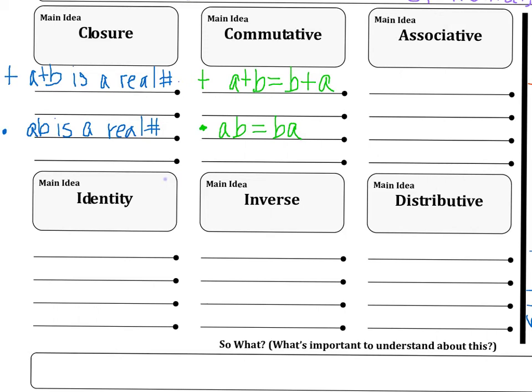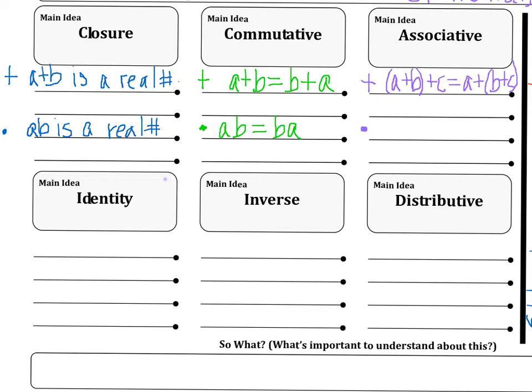The associative property of addition, if I think of associative, I think of associate, things associate or group together. So (a plus b) plus c equals a plus (b plus c). So our grouping symbols change here. First we have a plus b associating or grouping together, and second we have b plus c associating or grouping together.